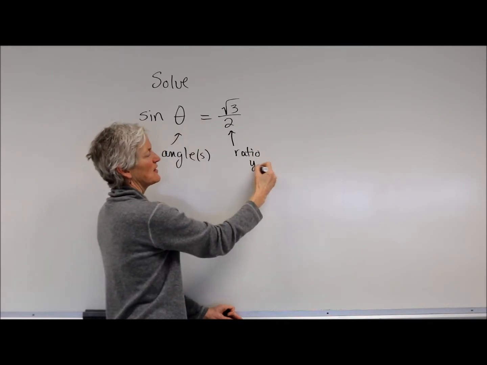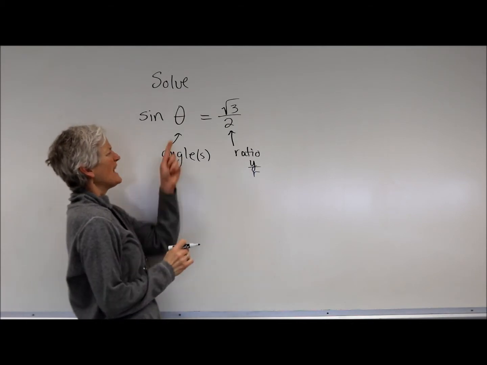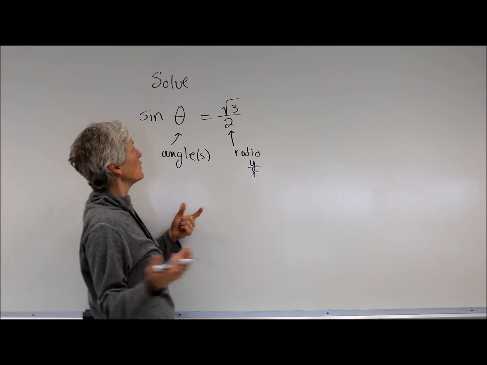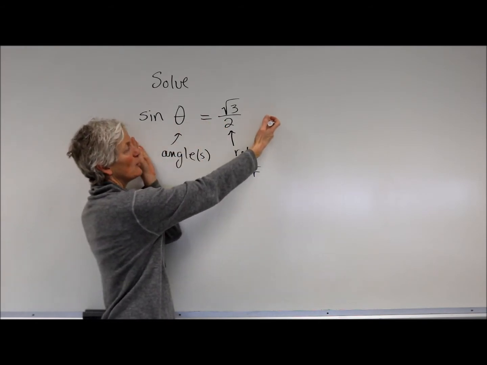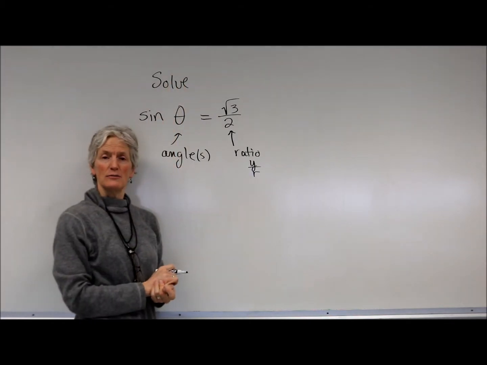It's sine, so it's going to be y over your rotating arm. What angle or angles make this true? That's all I'm looking for. When I'm solving a trig equation, I'm looking for the angles that make this true.